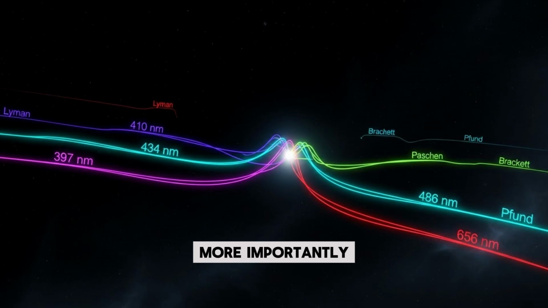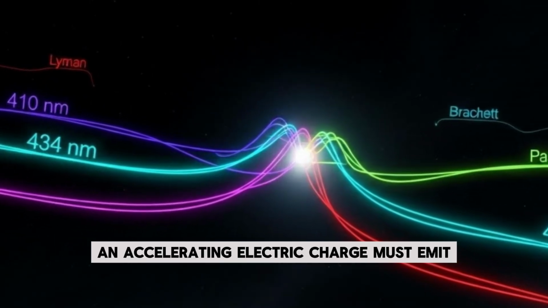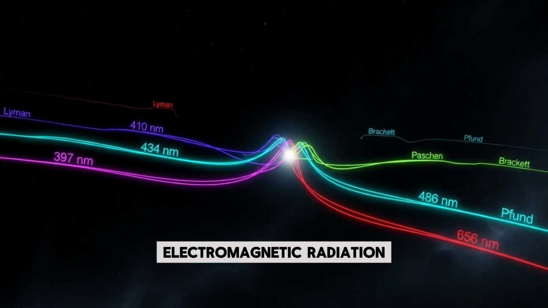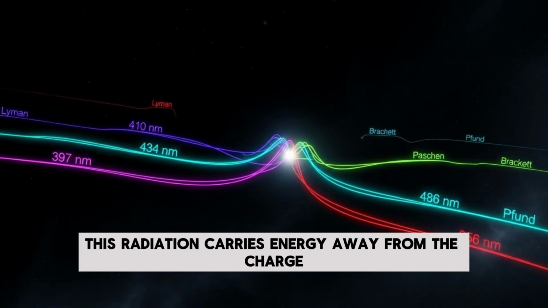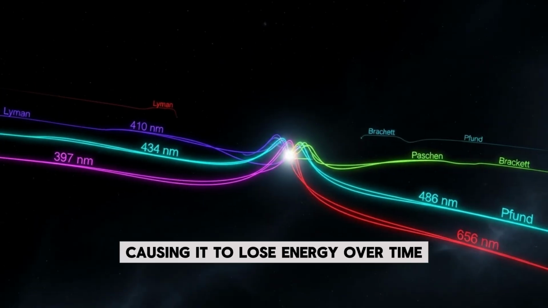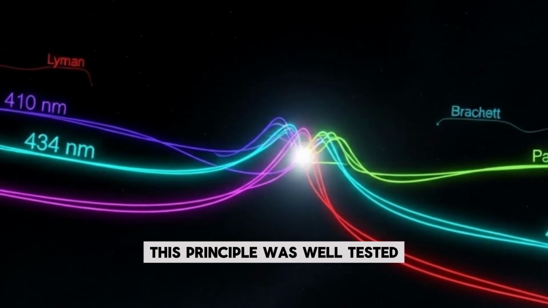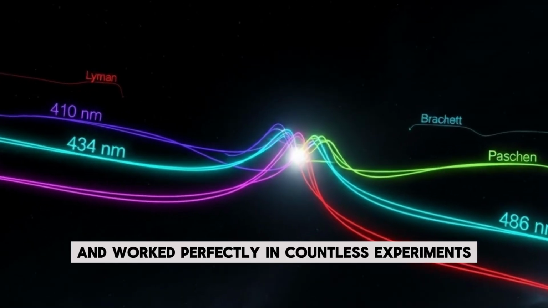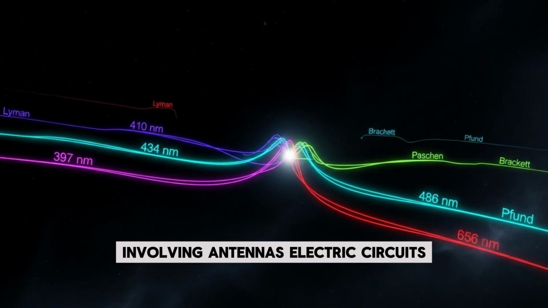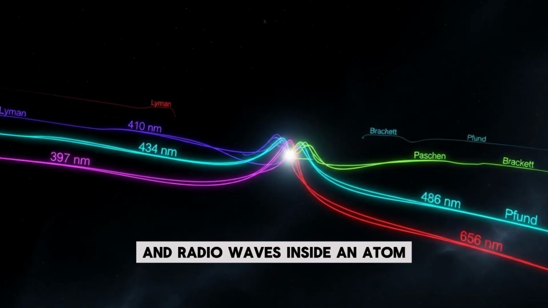More importantly, an accelerating electric charge must emit electromagnetic radiation. This radiation carries energy away from the charge, causing it to lose energy over time. This principle was well tested and worked perfectly in countless experiments involving antennas, electric circuits, and radio waves.